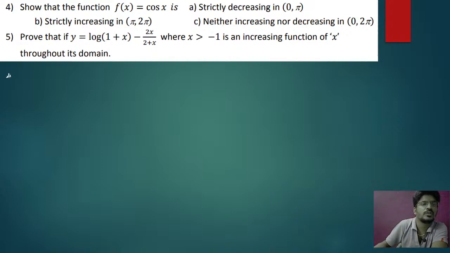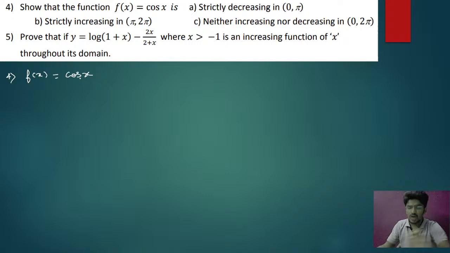See the fourth problem. f of x is equal to cos x. So here you can't use the wavy curve method. Wavy curve method is only for algebraic functions. Please remember, wavy curve method is only for algebraic functions. But here you see that it is a trigonometric function.